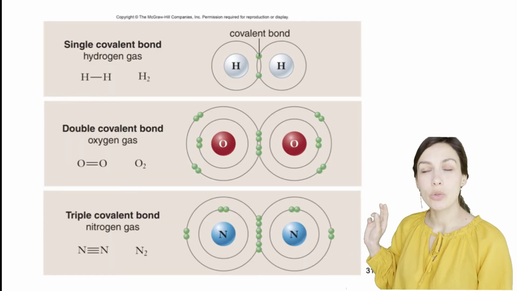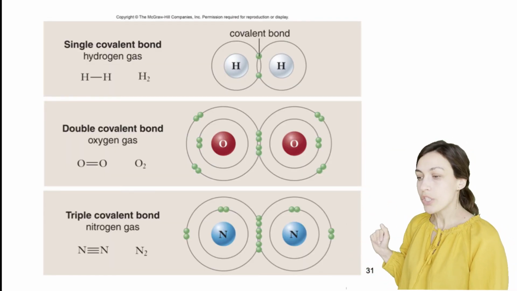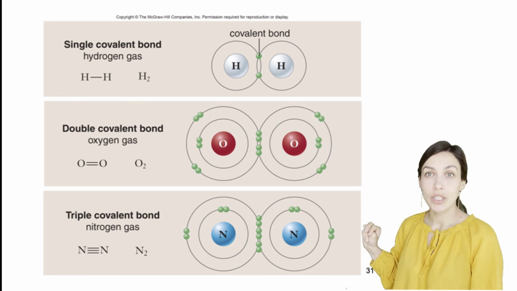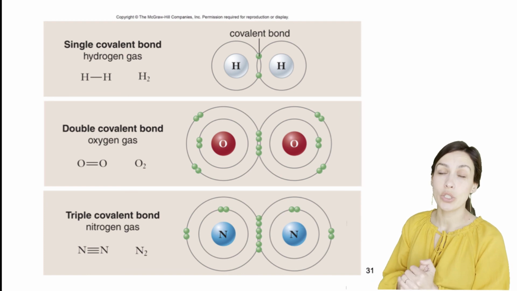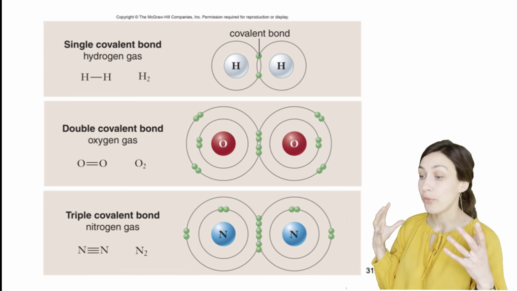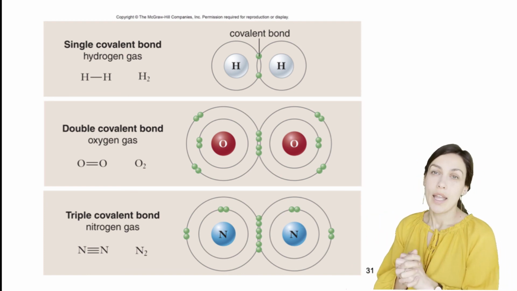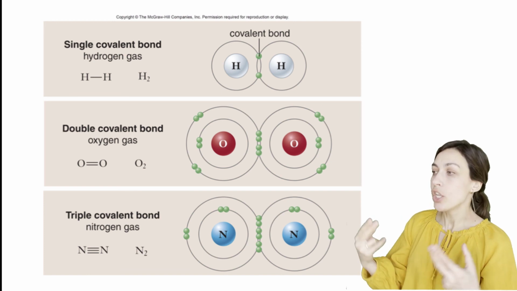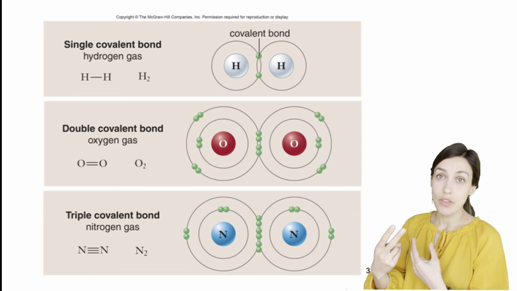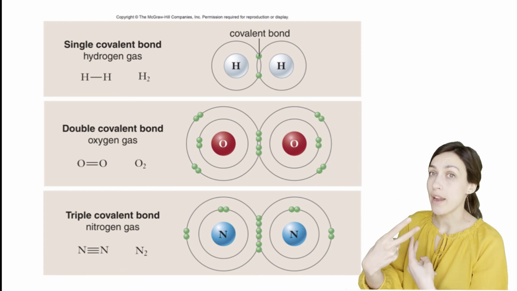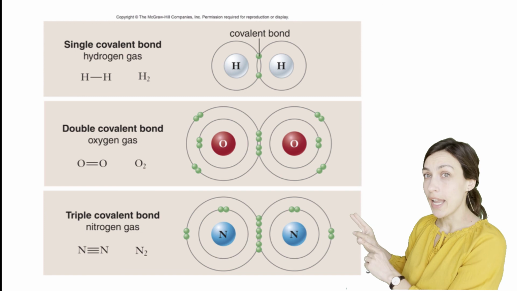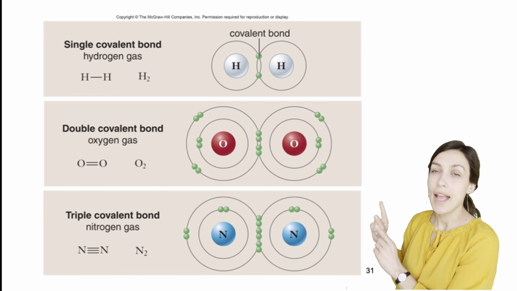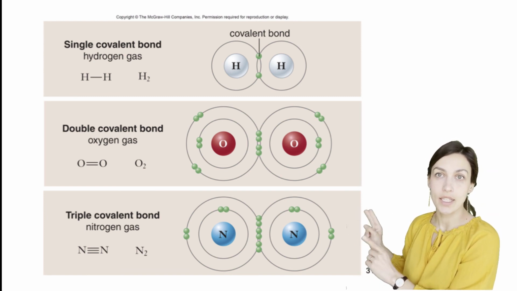This slide shows a couple more examples. So oxygen actually needs 2 more electrons in order to have its outermost shell filled. And in order to do that, 2 oxygens can come together and share 2 pairs of electrons. So go ahead and count how many electrons each oxygen has in their valence electron shell.